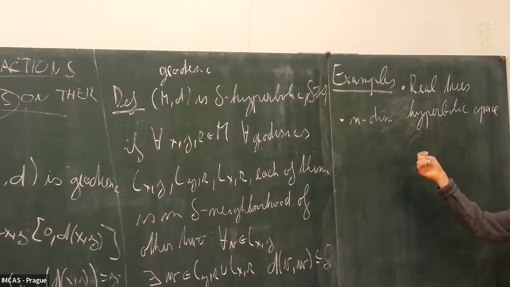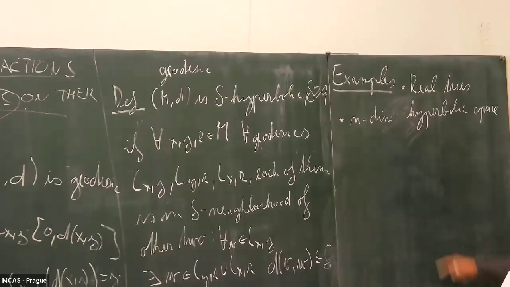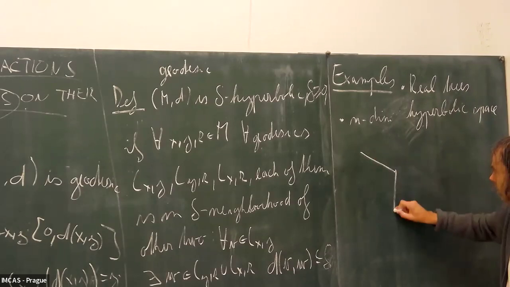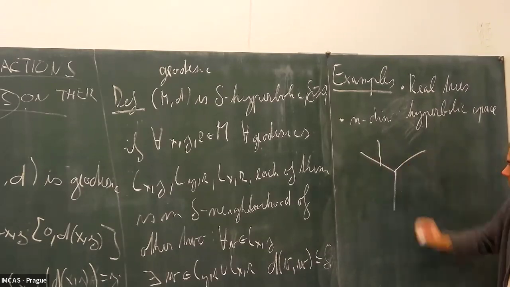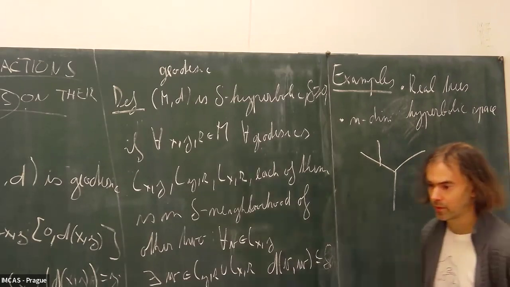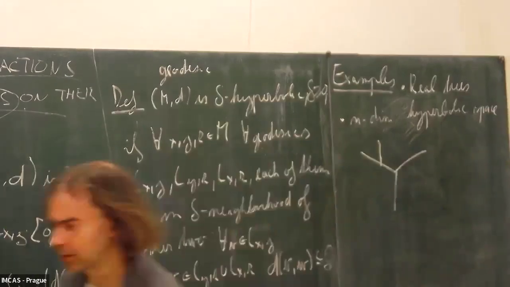By definition, this is the unique simply connected n-dimensional complete Riemannian manifold of sectional curvature -1. Someone asks what a real tree is. As a definition, you can take a geodesic metric space which is zero hyperbolic. Really, it is something like a graph.